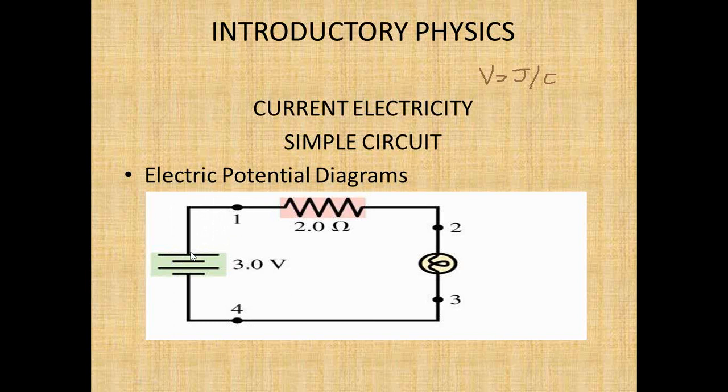There's a repulsive force, and that repulsive force is equal to K, the constant, times the charge on your positive terminal, divided by the square of the distance of separation.